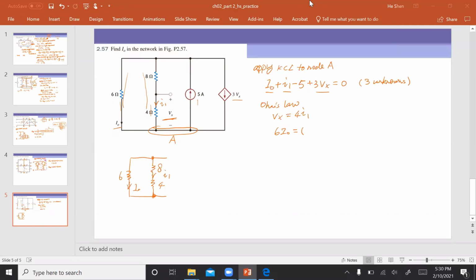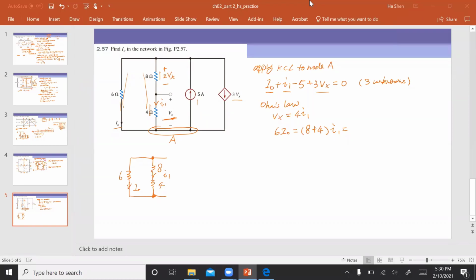So we can do it that way. There is another way we can do this. So this is the first way. The second way is by using the relationship between the voltage drops. Because this is a 4 ohm resistor and this an 8 ohm resistor, they are in series. The voltage on this 4 ohm resistor is Vx, which implies the voltage on this 8 ohm resistor is 2Vx.